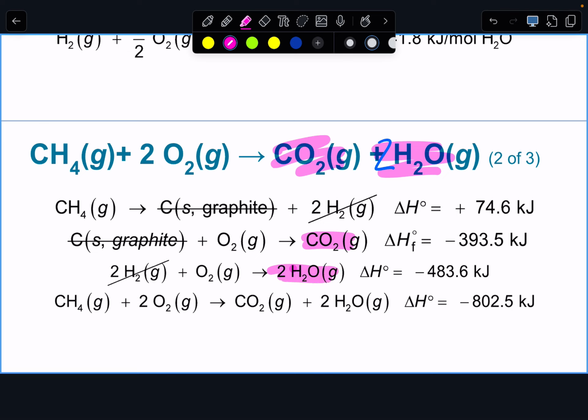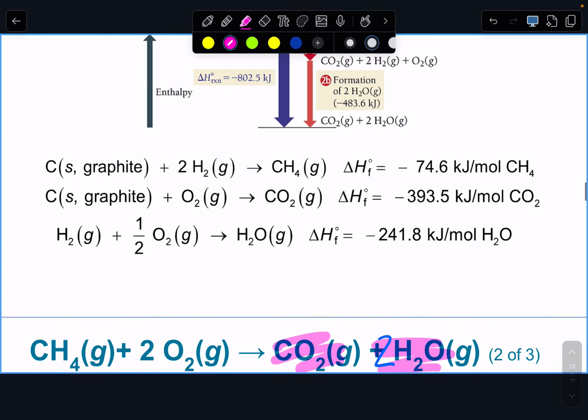Recognize that each of these equations they're using, though, it's like they looked up the delta H of formation value and then they wrote the corresponding equation. CH4, they had to flip that one, right? Because it's always to make 1 mole of CH4. So when they flipped it, they changed the sign. Well, look what we did.